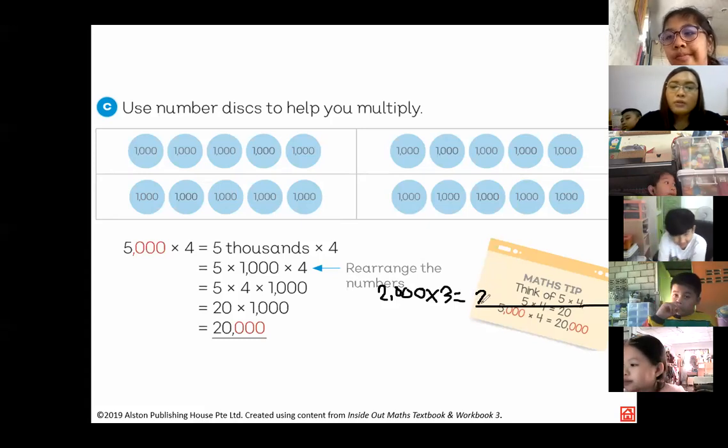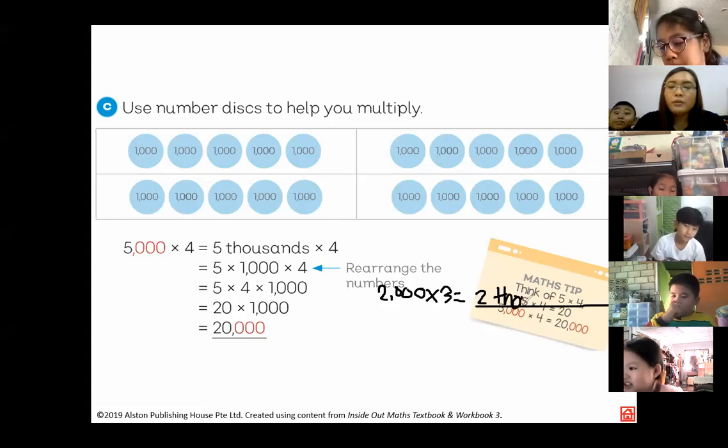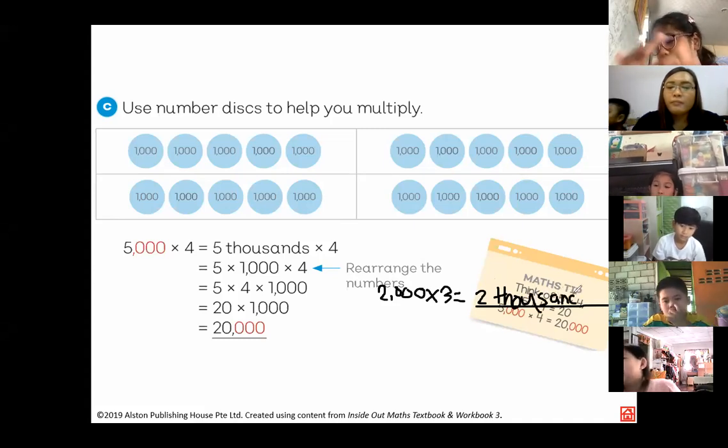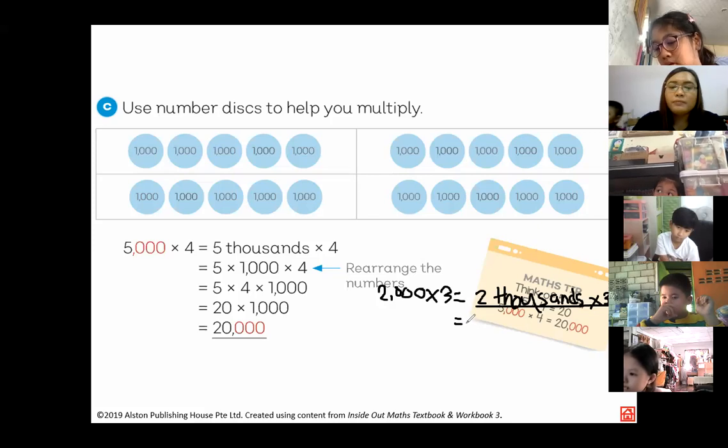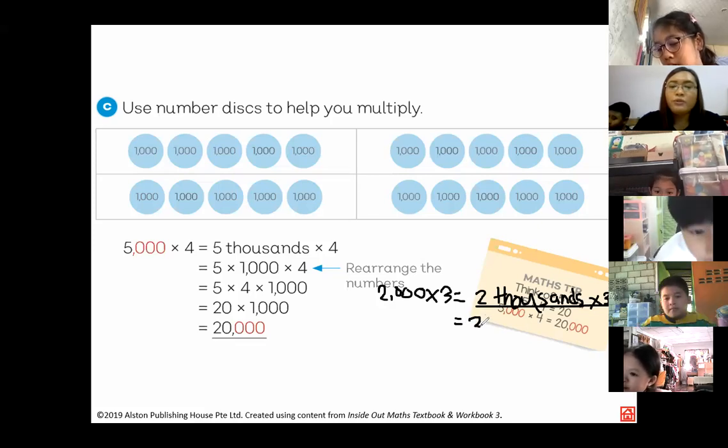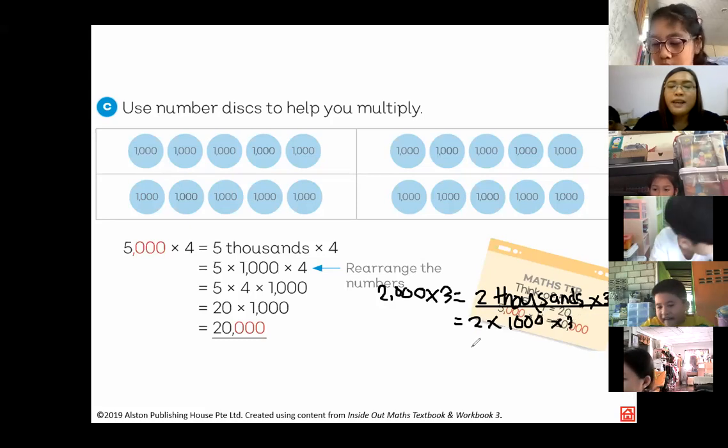So you have to put 2 and then the word thousands, and then times 3. And then what's next? So that's 2 times 1,000 and times 3. Okay, next.